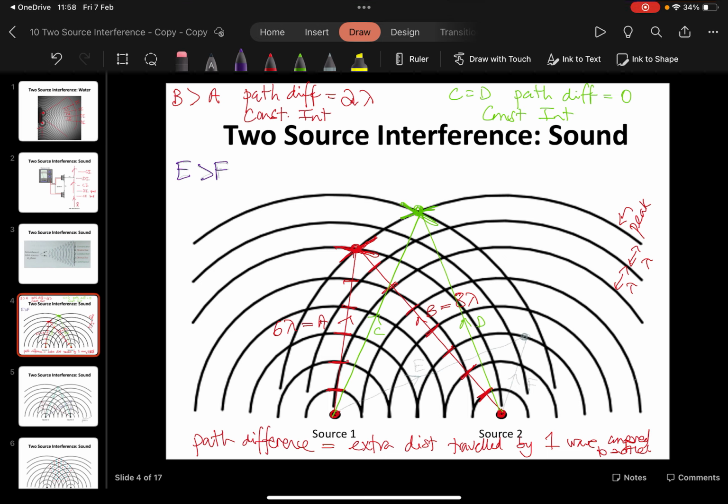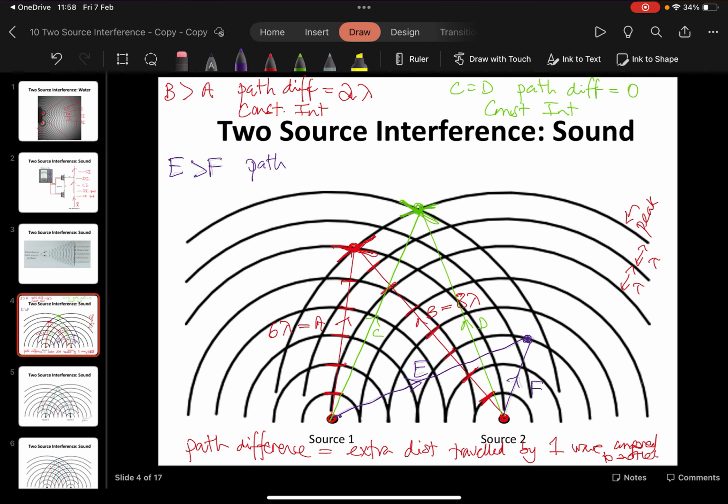So let me just go back over those lines again just in case they're not appearing very clearly to you. There we go, E, F, there's the meeting point. Okay, E is greater than F, so there is a path difference.